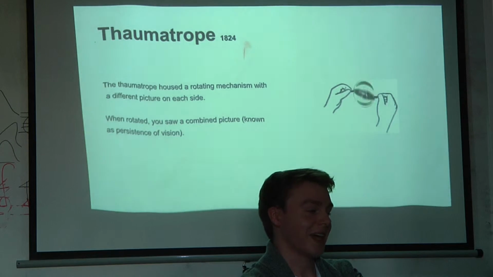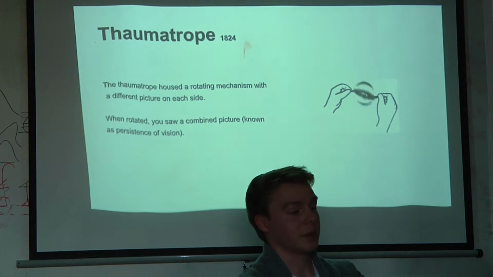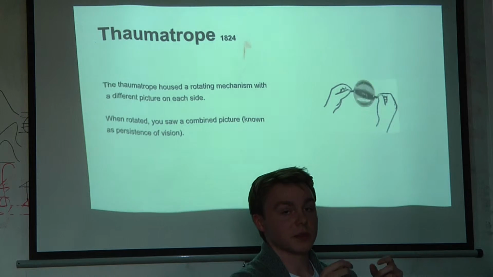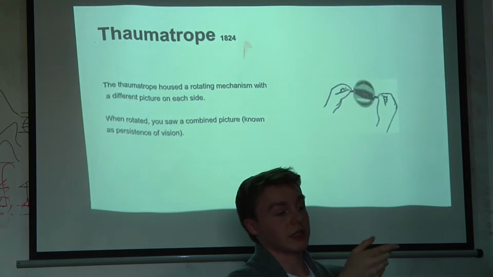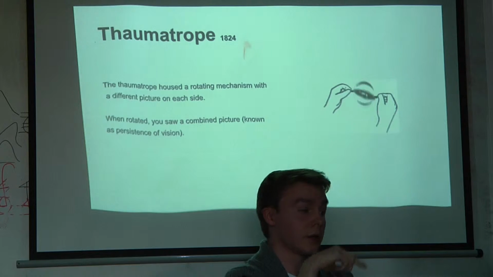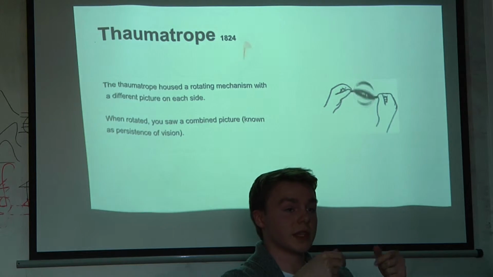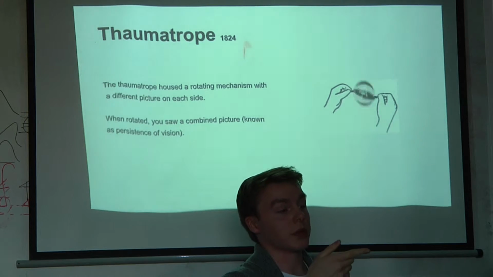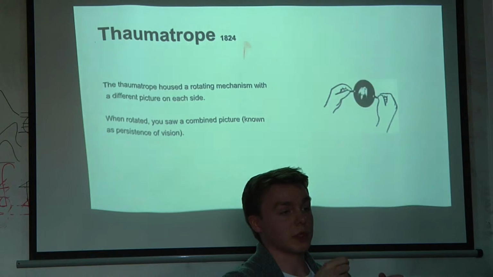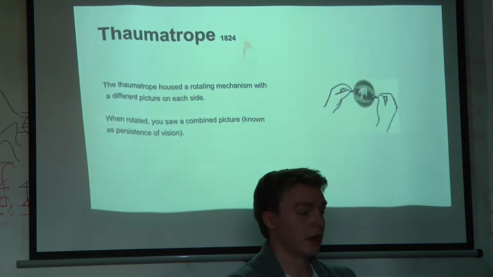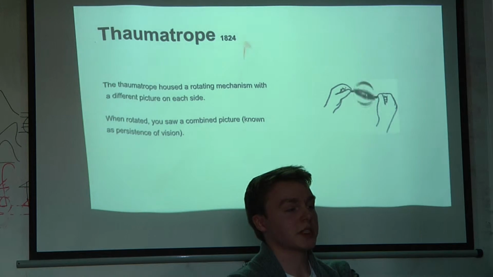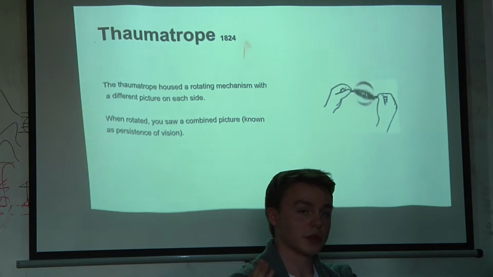I can't remember how to pronounce this, but basically it was a mechanism where there was a picture on 2 sides of an oval, and if you flicked them, the bird would appear to be in the cage, and then when you stopped, you could see that there were 2 separate pictures of a cage and a bird. So it's an optical illusion, but it's getting more towards animation later on down the road.